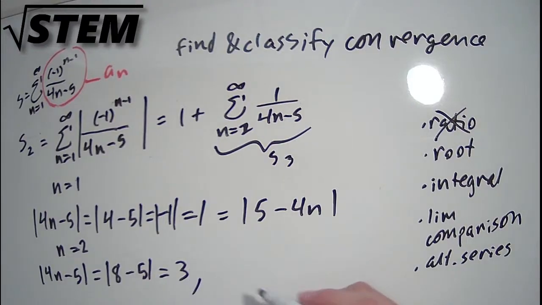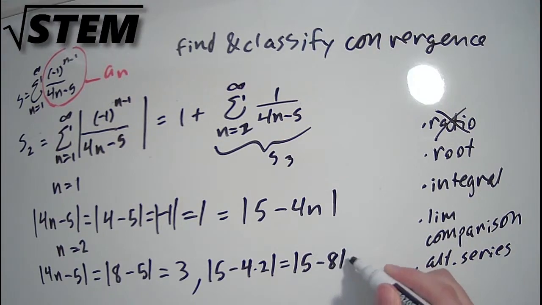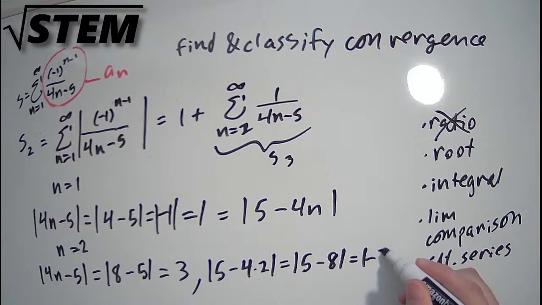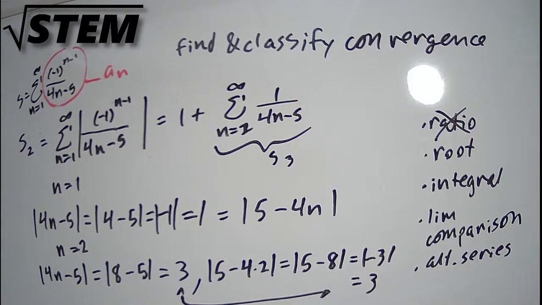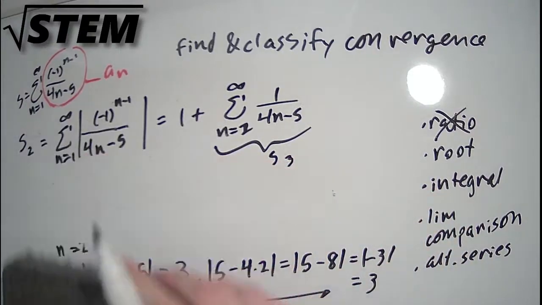And if we said 5 minus 4 times 2, maybe that would work, 5 minus 8, which would be the absolute value of negative 3, which is 3, and those are equal. Maybe that will work. Let me try a couple more to convince myself.